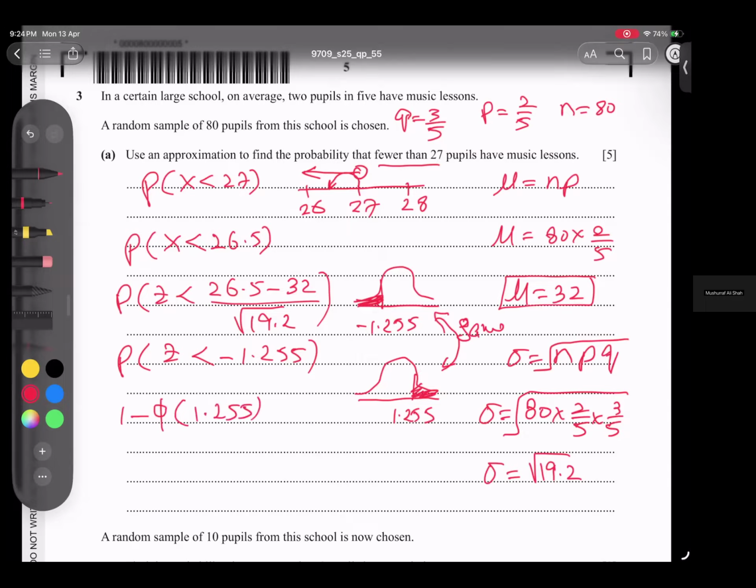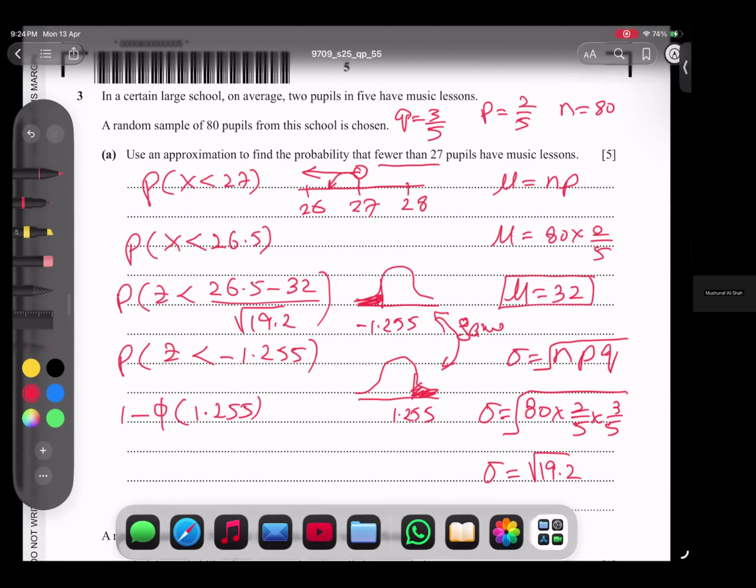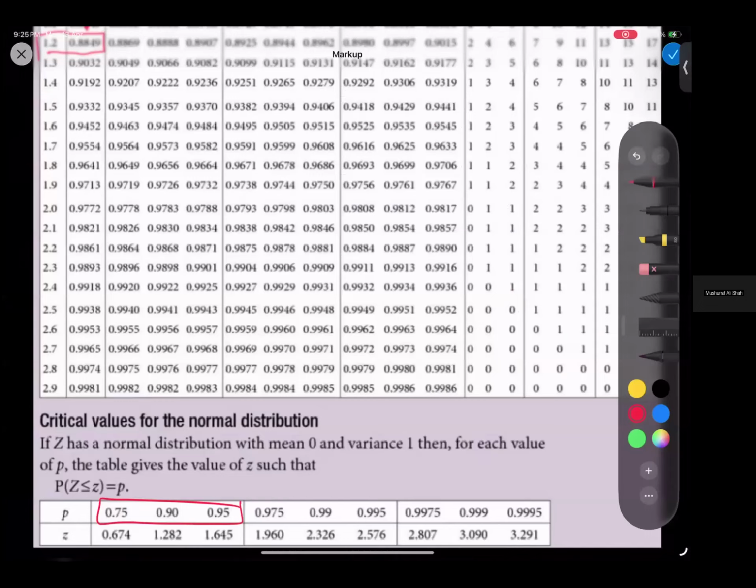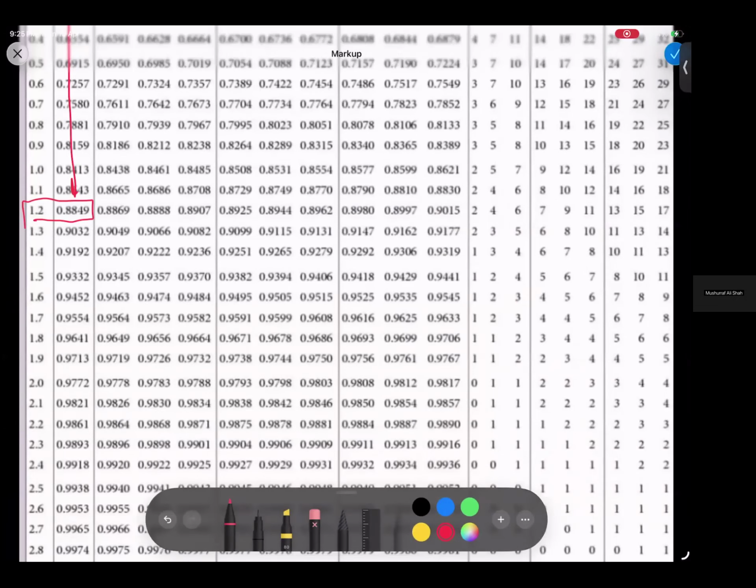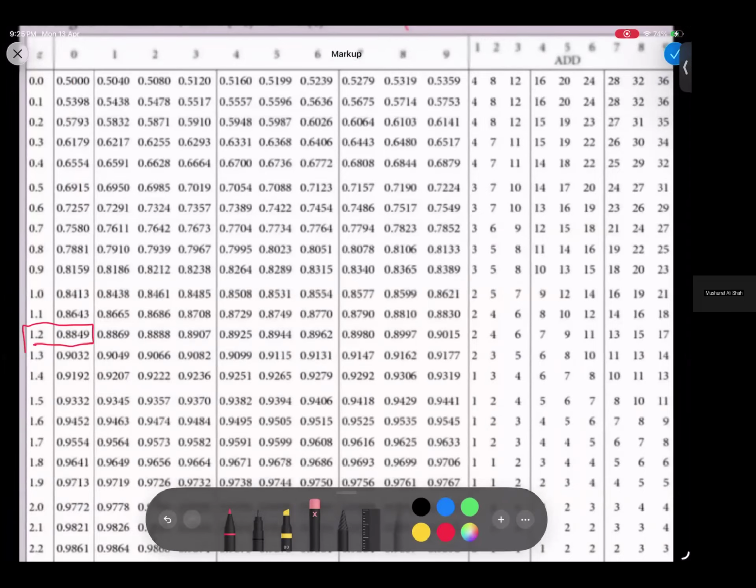And now I have to check in the table for 1.255. 1.2 is available, and we have the line here, 1.255. So 5 from here and 5 from here, 9.